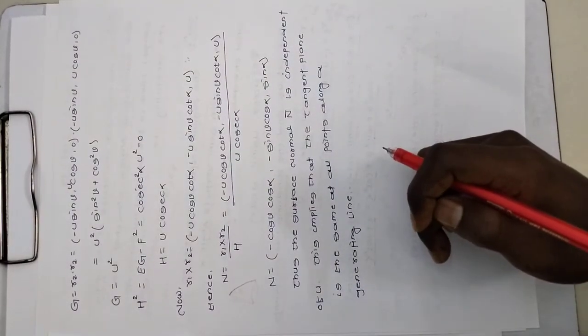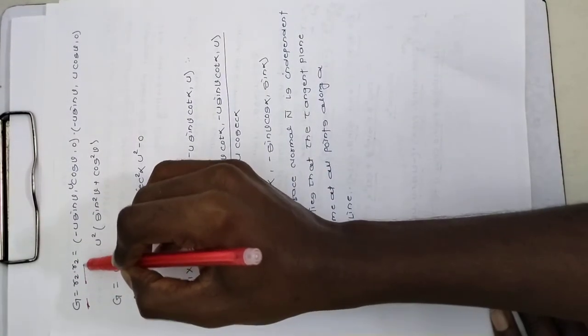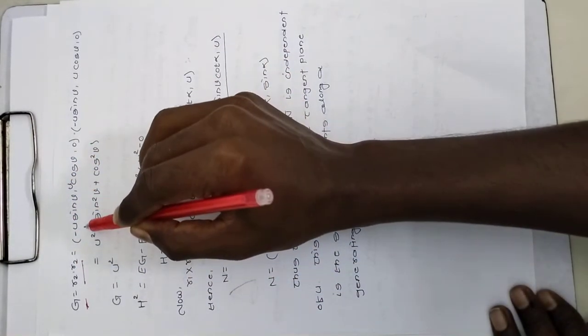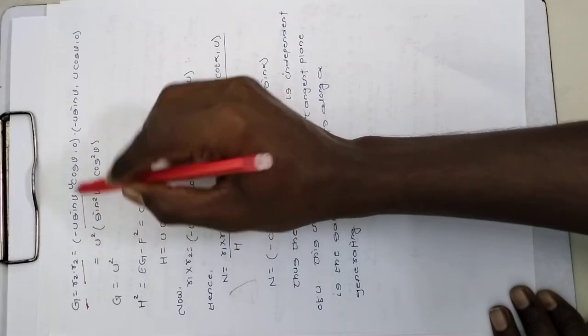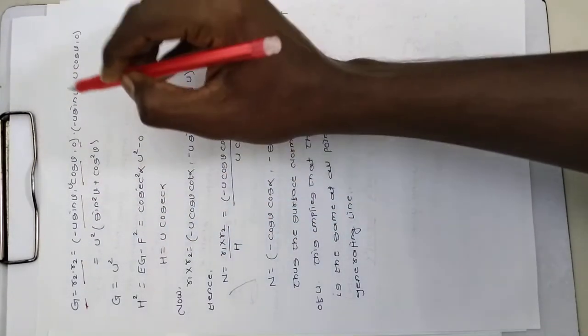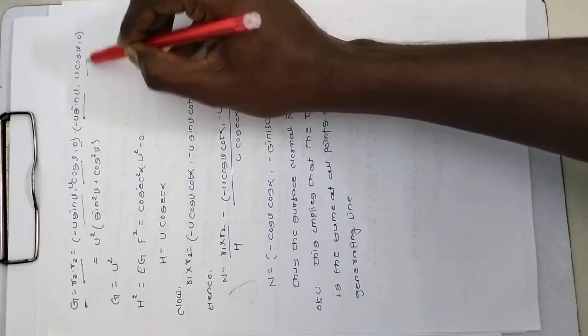Next, find the third fundamental coefficient, that is G. So G equals r2 dot product with r2. Substitute the values of r2, minus u sin v, u cos v, comma 0, and again minus u sin v, u cos v, comma 0.